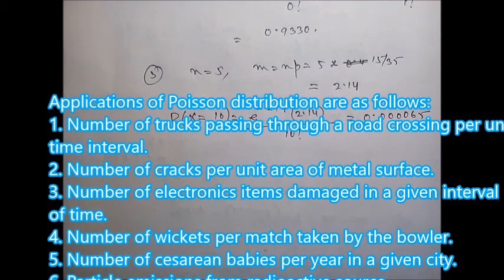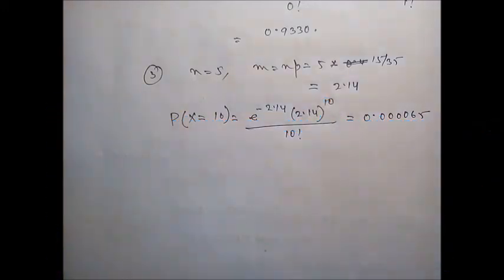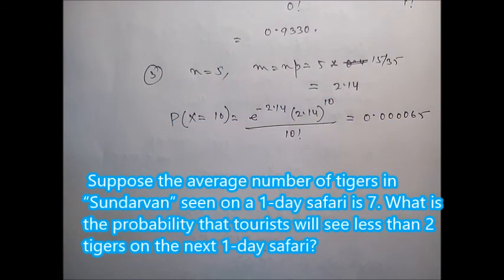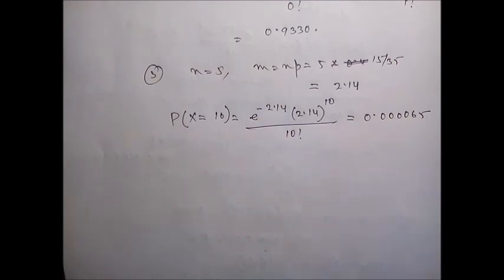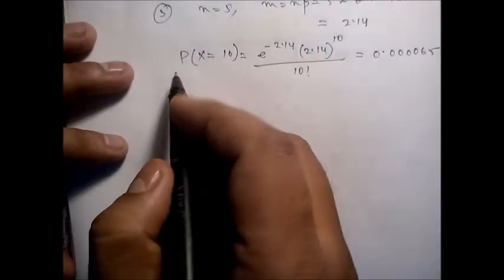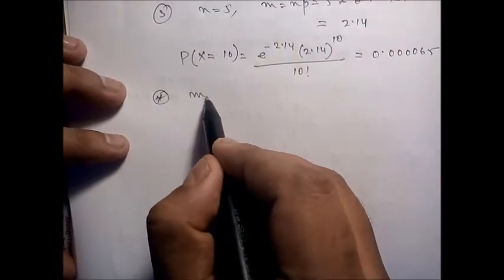And finally we can solve one problem. Suppose the average number of tigers in Sundarban seen on a one-day safari is 7. What is the probability that tourists will see less than 2 tigers on the next one-day safari? Okay, so the mean value is given, so m is equal to 7.